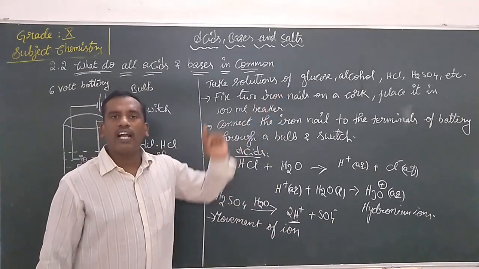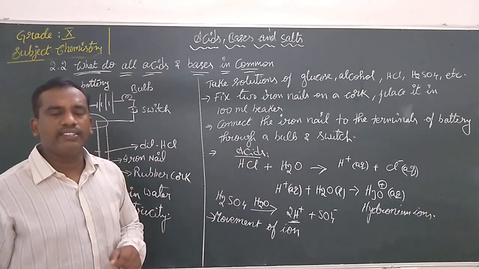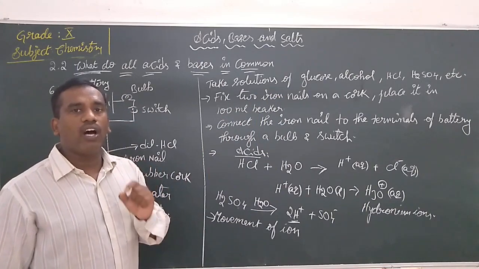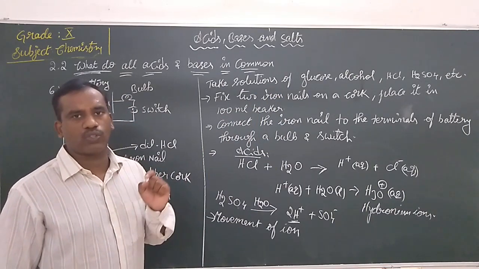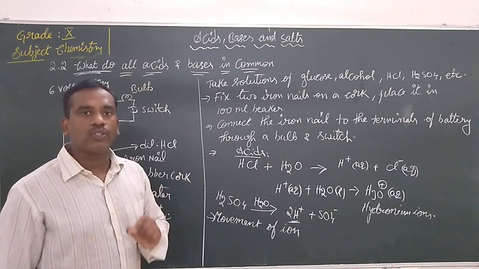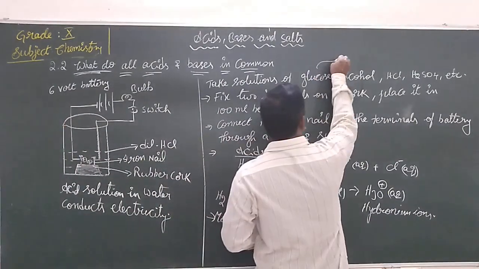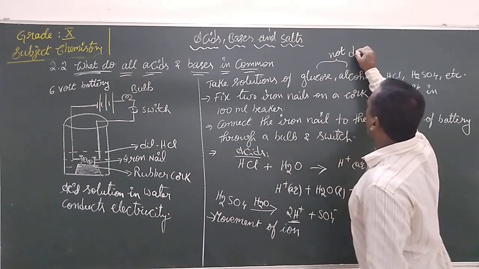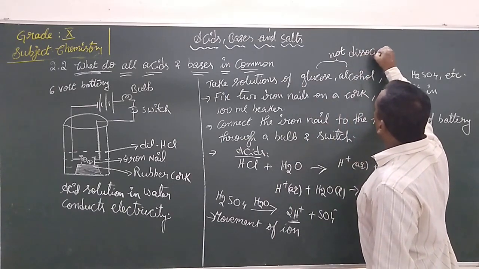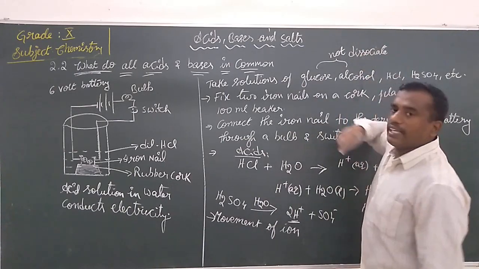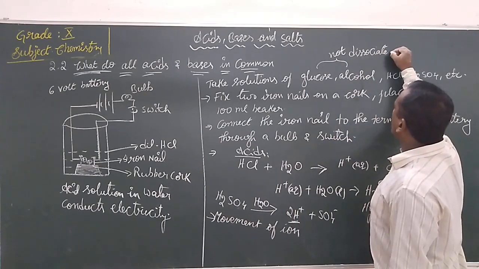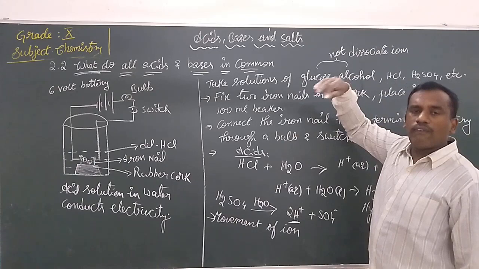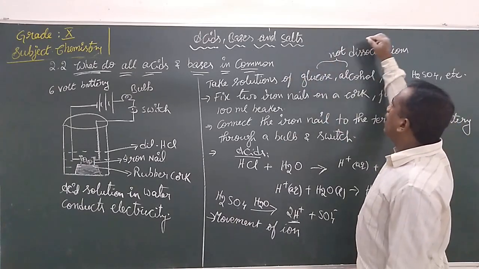But glucose and alcohol, when they are present in water, will not dissociate into ions. If they are not dissociated into ions, does the flow of charge take place?